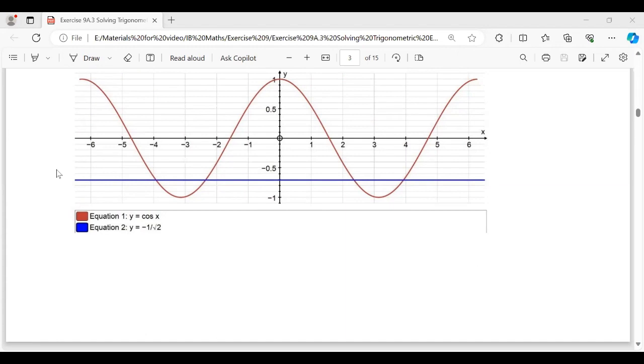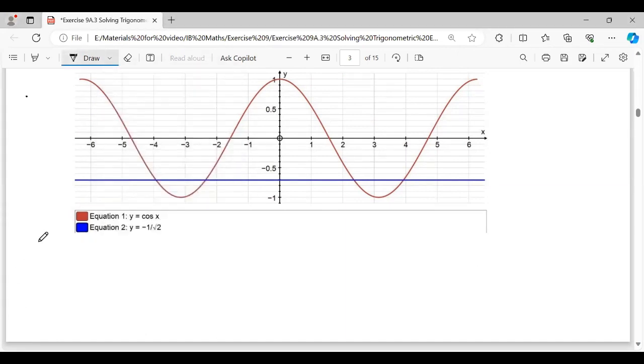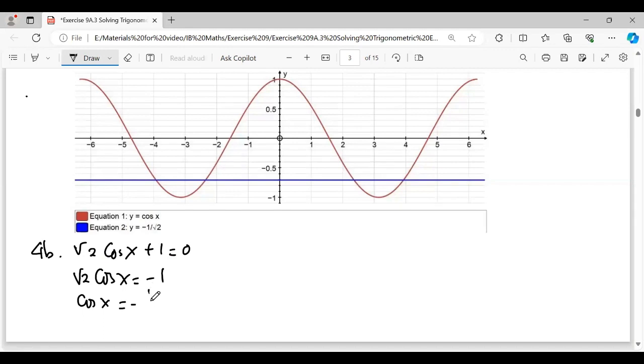For B, square root 2 cosine x plus 1 equals 0. So it is square root 2 cosine x equals negative 1. So cosine x equals negative 1 over square root 2.